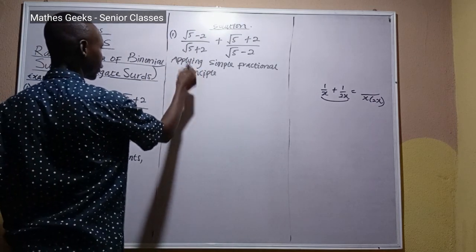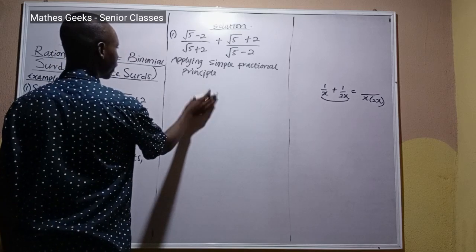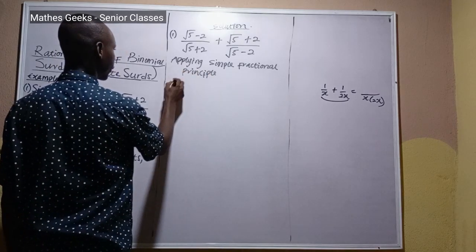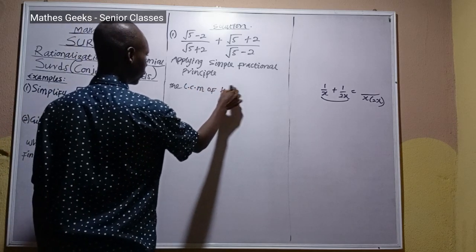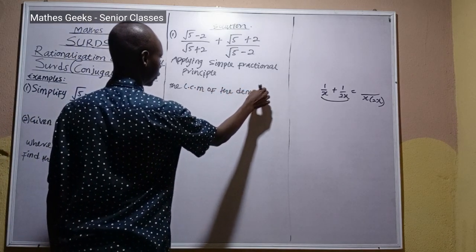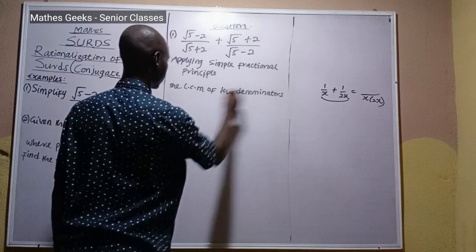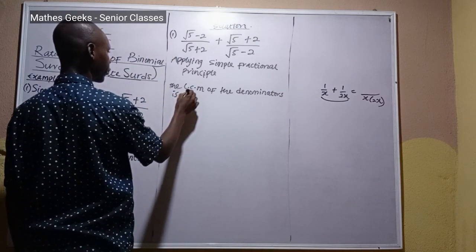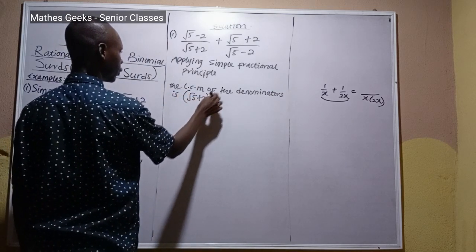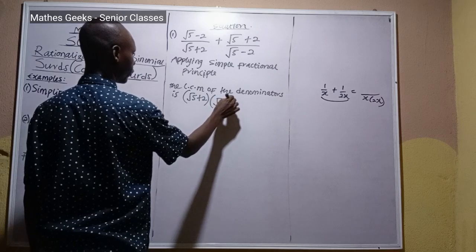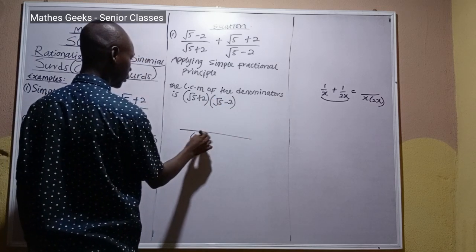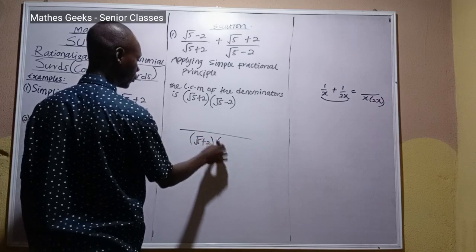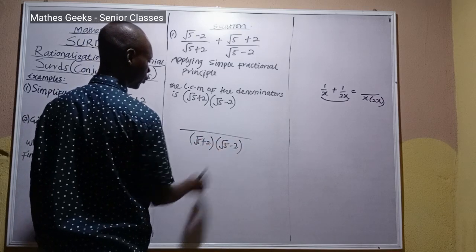That means we're going to look for the LCM of the denominators, which are root 5 plus 2 and root 5 minus 2. You write the LCM as root 5 plus 2 times root 5 minus 2.